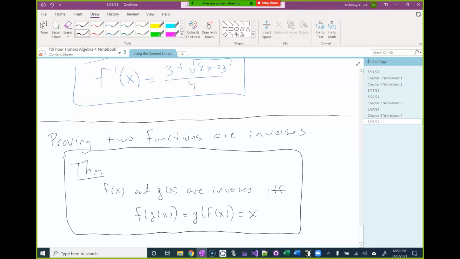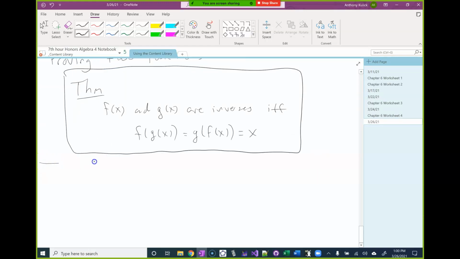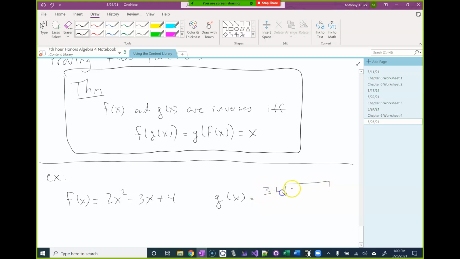So let's just kind of demonstrate that using our two functions we just created, because these are, I think, adequately complicated to make this not trivial. So we know these two things are inverses, right?